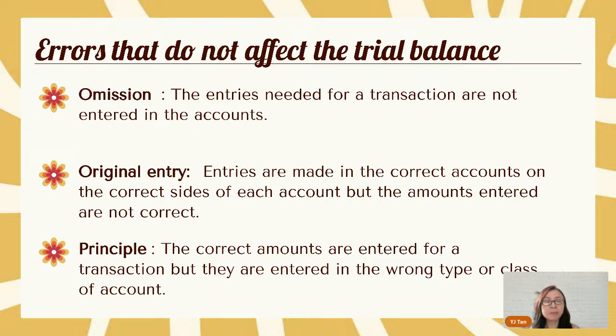By right, this is an expense, but you accidentally put it into the motorbike account. The asset itself is not the expense. So both sides are also debit, and the trial balance is still balanced, but at the end it is actually the wrong type of account. So the trial balance total is the same, but at the end, the type of entry is wrong, is an error, is a mistake.